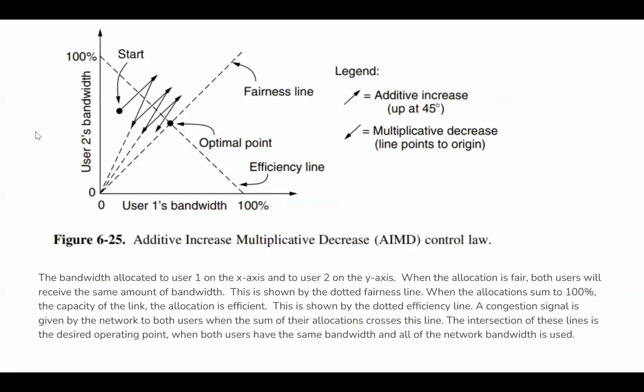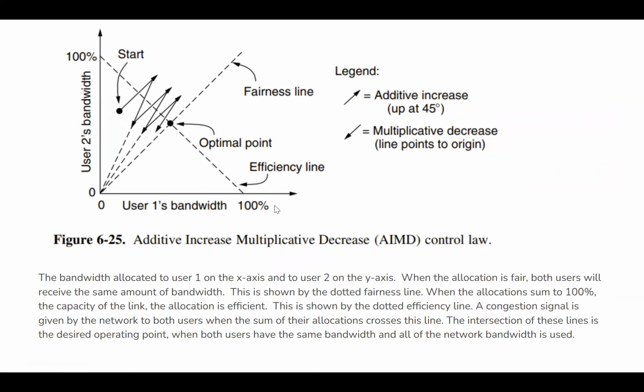In this next example, figure 6-25 for the AIMD control law, the bandwidth allocated to user 1 is on the x-axis and user 2 on the y-axis the same way. When the allocation is fair, both users will receive the same amount of bandwidth. This is shown by the dotted fairness line as shown before. When the allocation sums to 100, the capacity of the link, the allocation is efficient, just the same way.